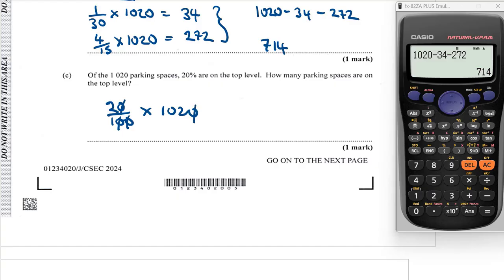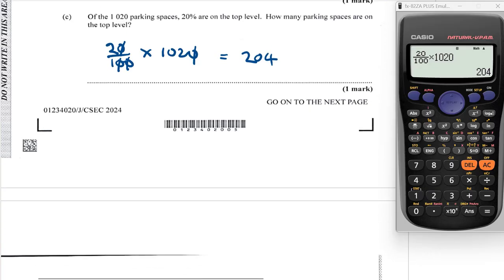So we are left with 2 times 102. So that gives us 204. Of course, we could put in our calculators 20 over 100 times 1020, and that gives us 204. Alright, let's move on.